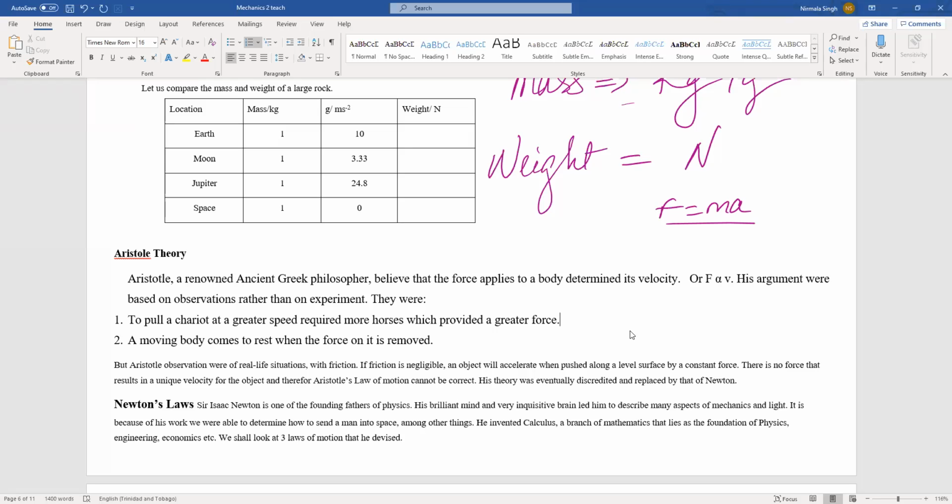Now, his arguments were based on observations rather than experiment. So he thought, which made sense, right? If you had a one horse drawn carriage back then, one horse could obviously only move with a certain amount of velocity.